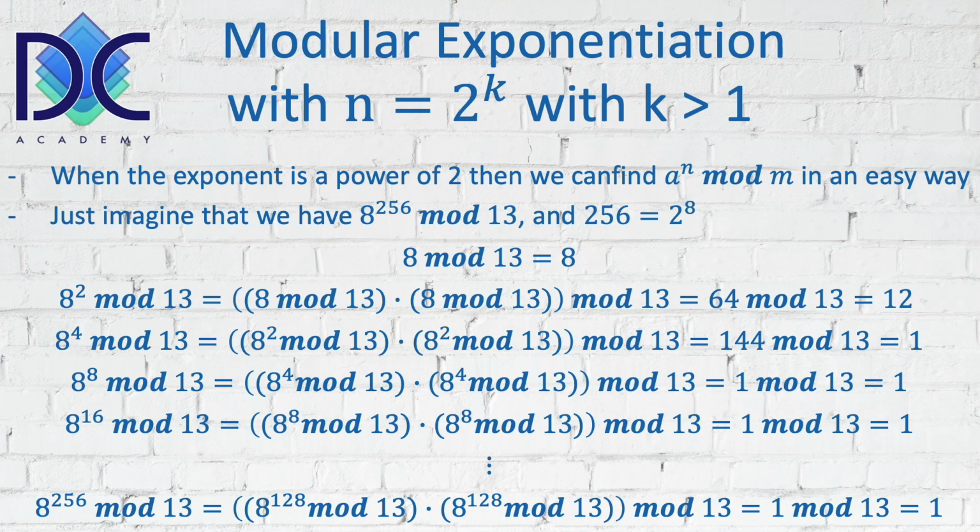So we have 1 modulus 13 is 1. So finally, that's how we find the final power of this number. Now what we have, 256 is 2 to the power 8. So it's going very easy for the calculation because we have those powers and we find the last element here.